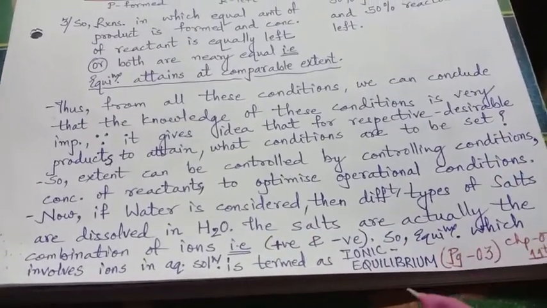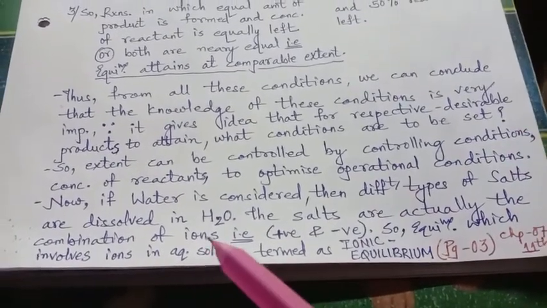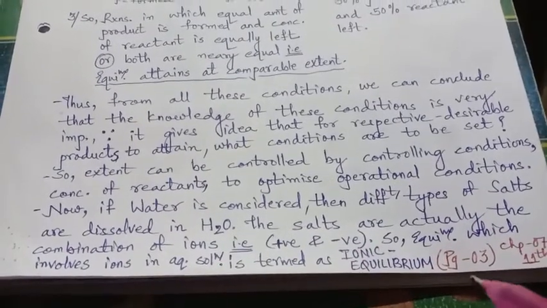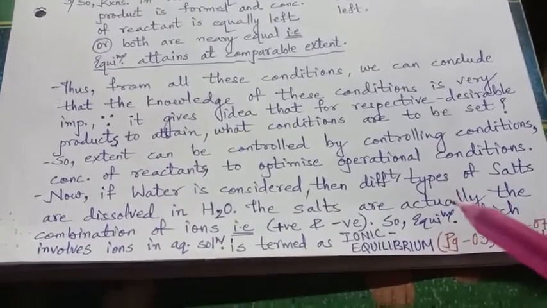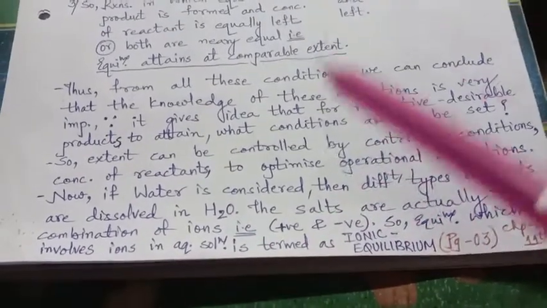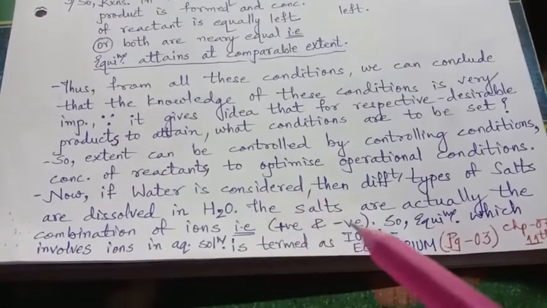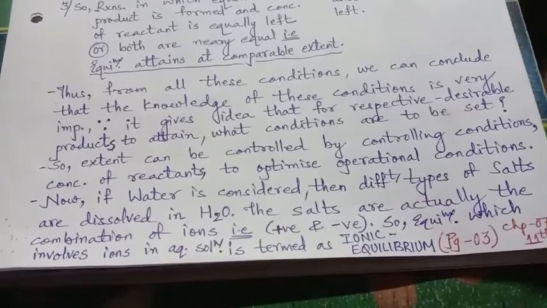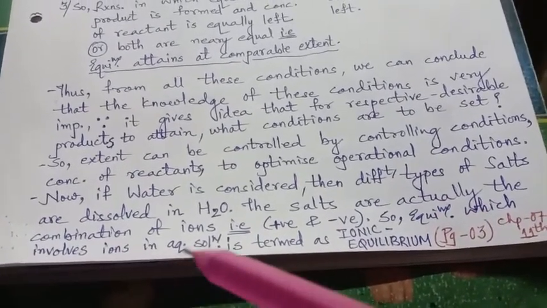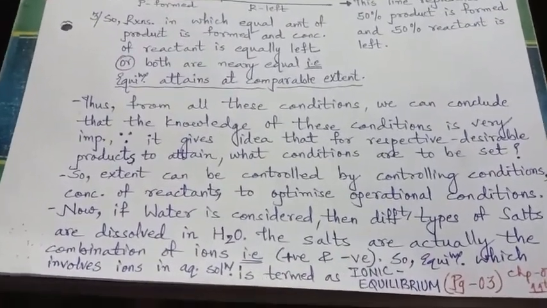A salt is a compound, in actual sense, a combination of ions, cations and anions. So if the equilibrium is to be attained in an aqueous solution containing salts, then definitely ions are involved or present in it. Such equilibrium which involves ions in aqueous solution is termed as ionic equilibrium.